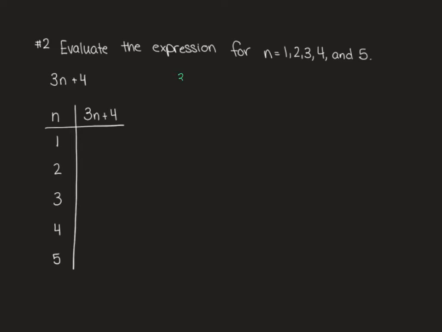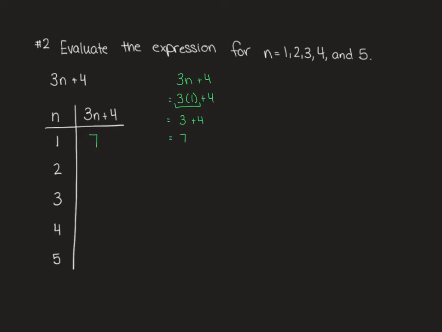So we'll write out our expression 3n plus 4, and our n is going to equal 1. We have to do multiplication first. So 3 times 1 is 3, plus 4, and 3 plus 4 is 7. So in our chart, when n is 1, 3n plus 4 equals 7.